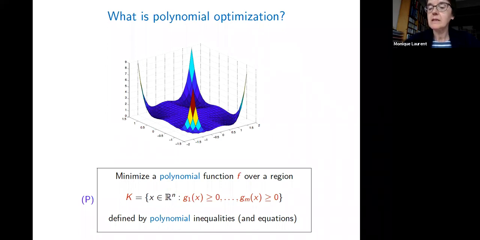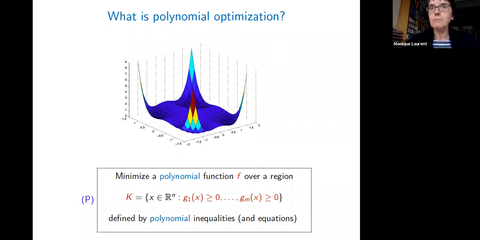And as we will see, one will sometimes be able to reach the global minimum of the problem, while in general, in nonlinear optimization, methods such as first order methods can only reach local optima. So the specificity of polynomial optimization is to design a technique which may sometimes reach the global minimum.